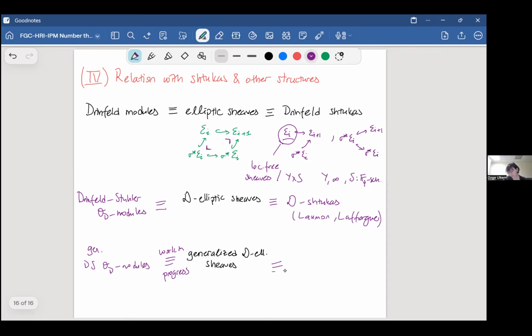And here one can define generalized D shtukas. This is not the Laumon one. Laumon already defined a generalized D shtuka, which is not equivalent.